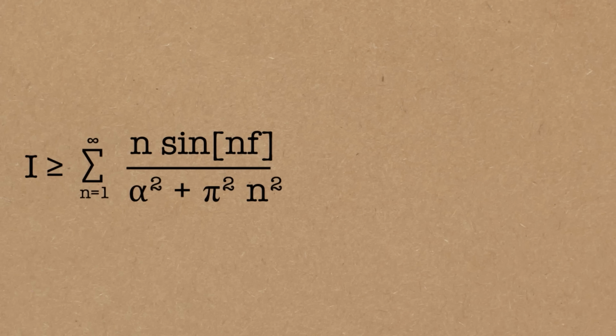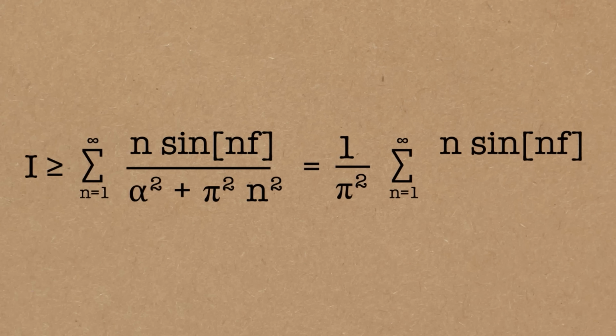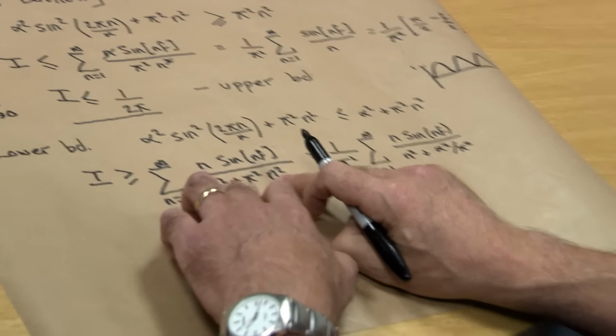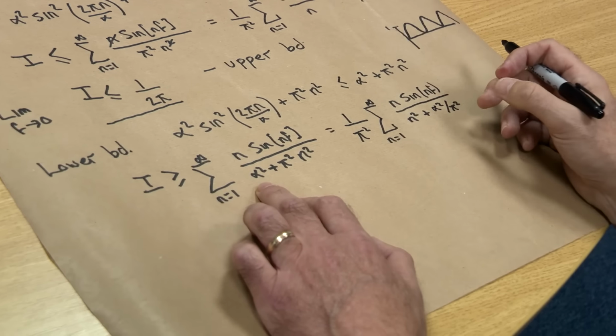And so I just want to write this, if I pull this pi squared out, so this is equal to 1 over pi squared times the sum from n is 1 to infinity of n sine nf over n squared plus alpha squared over pi squared. I've just pulled the pi squared out, and so it divides that alpha squared and leaves me with an n squared. So I've got this sum.